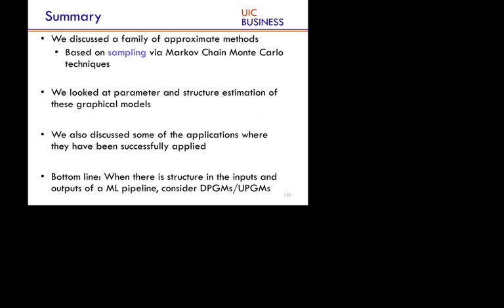They're all special cases of the graphical model machinery that we have looked at in the past 3 lectures. So when there is structure in the inputs or outputs of a machine learning pipeline, you should go with these types of models, directed or undirected probabilistic graphical models, compared to vanilla methods like logistic regression or SVM or something like that. Okay, so that's it for today's class.